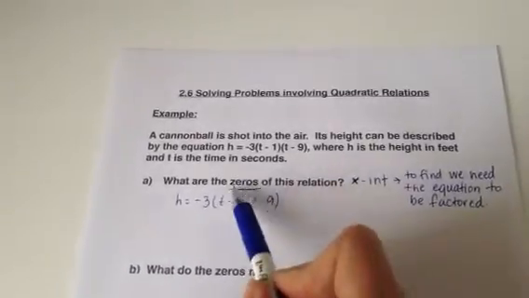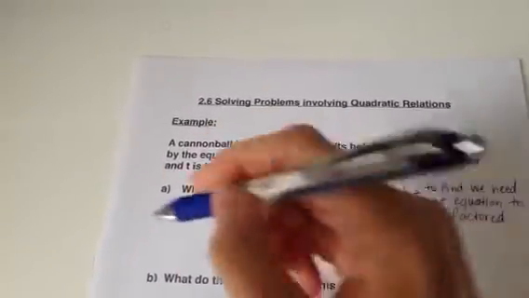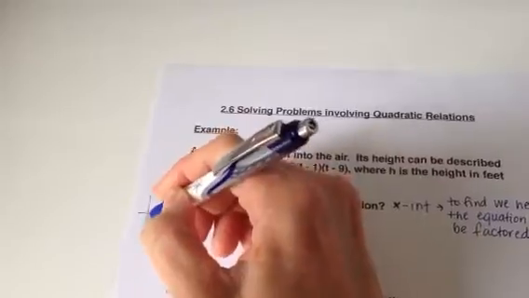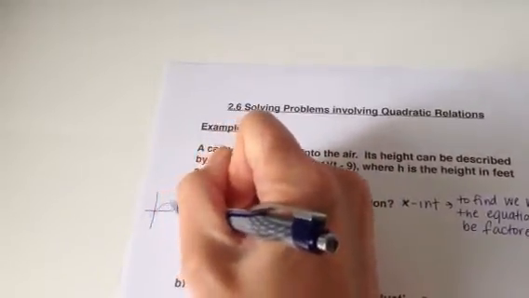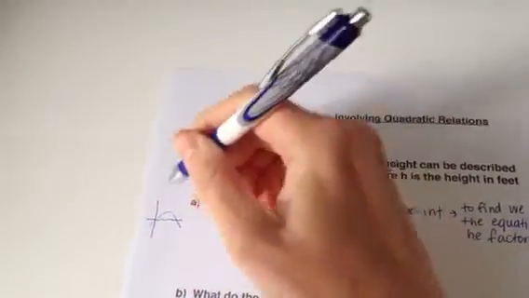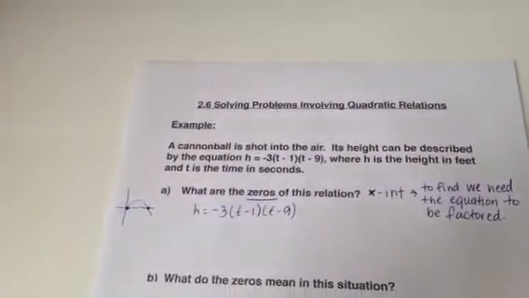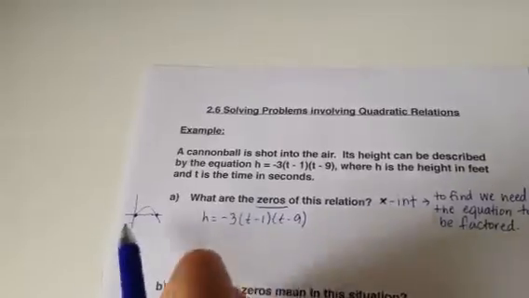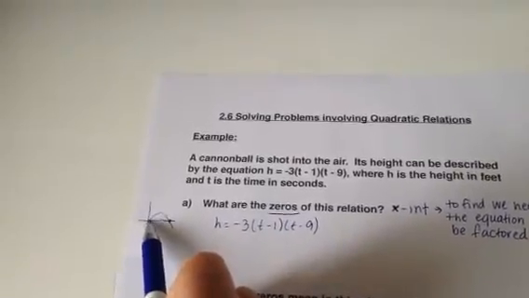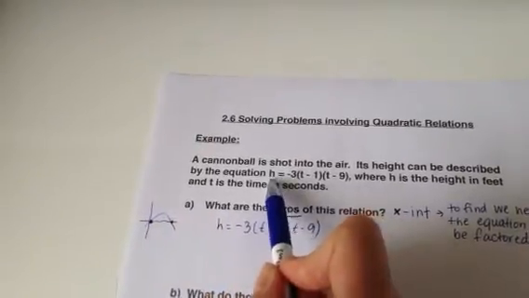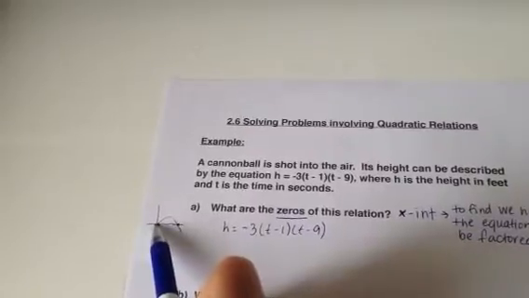Now to find our zeros, remember, if we were to look on the graph, our zeros are here, where they cross the x-axis, the x-intercepts. If you look, remember that the y value, or in our case it's h, the height, is equal to 0.